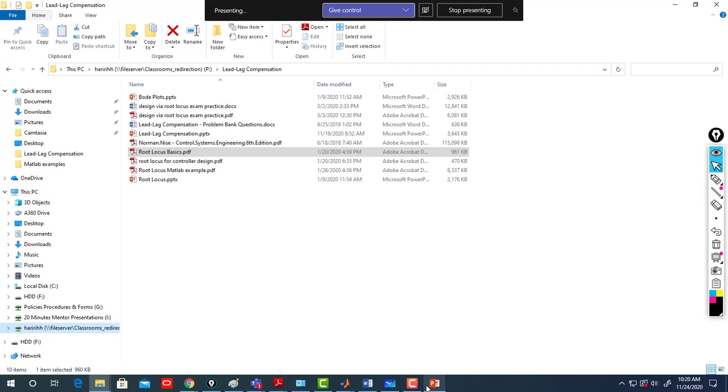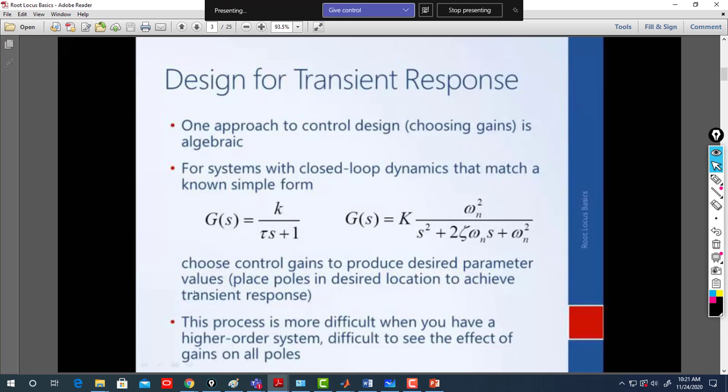Then this process is more difficult when you have a higher order system. Even though the system I was talking about was a second order system, the closed loop becomes a third order system. Or even if it was a first order system, because you have PID, it becomes a third order system.